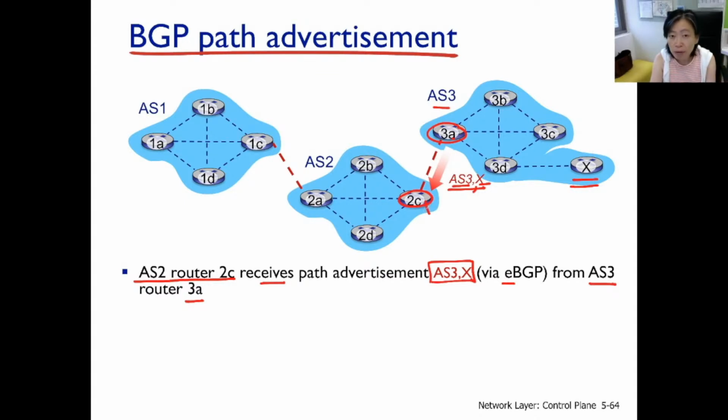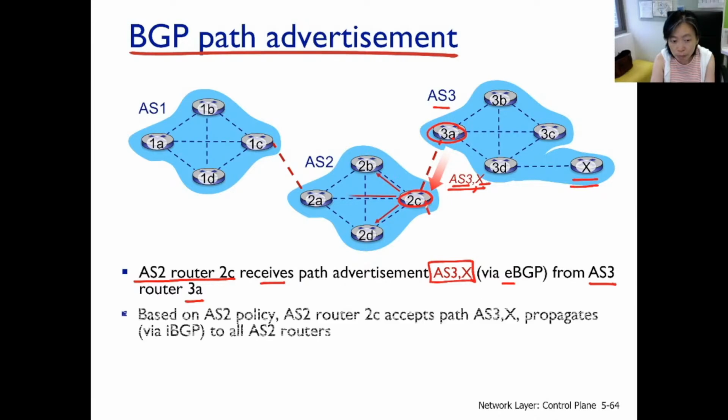But no, there's import policy. So the exact process is more like this. 2C there will actually check AS2's import policy. If the policy says it's okay to accept the path, then 2C propagates the path to all routers internal to AS2. Okay. So sending of these AS paths internally is through the interior BGP connections.